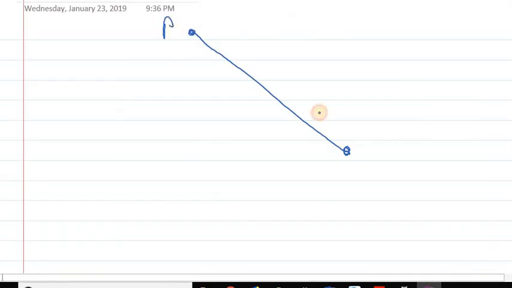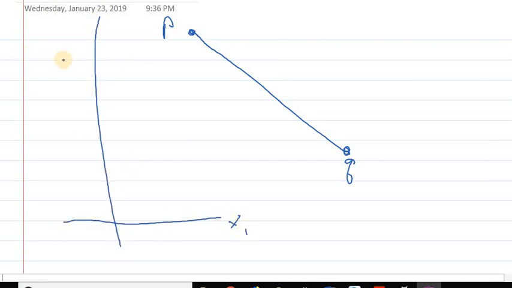So here's my P and my Q, and of course here we have the x1, x2 plane, and this point we're going to call x1 prime, x2 prime, and this point is x1 double prime, x2 double prime.